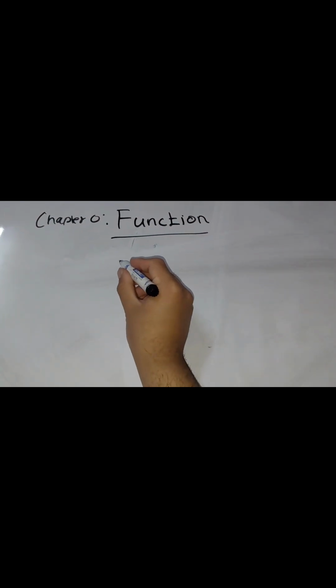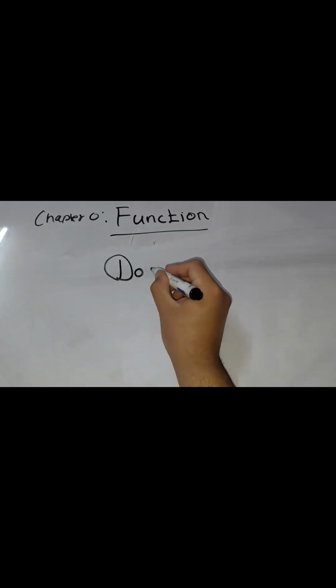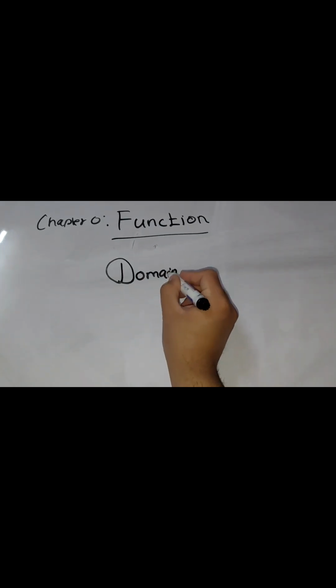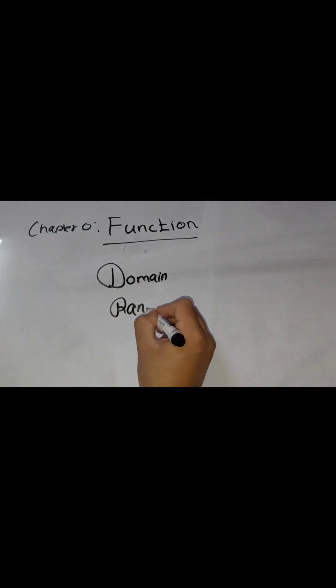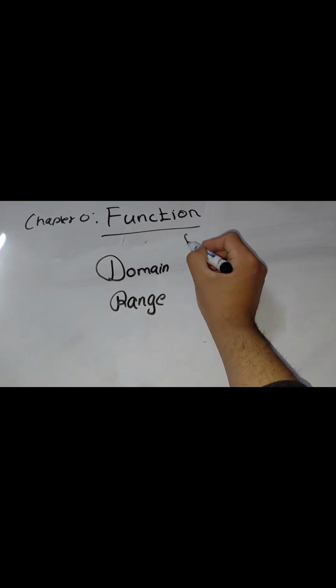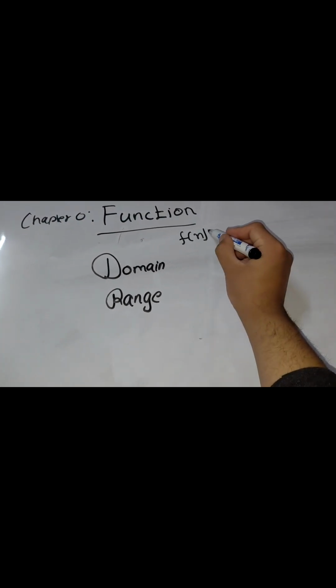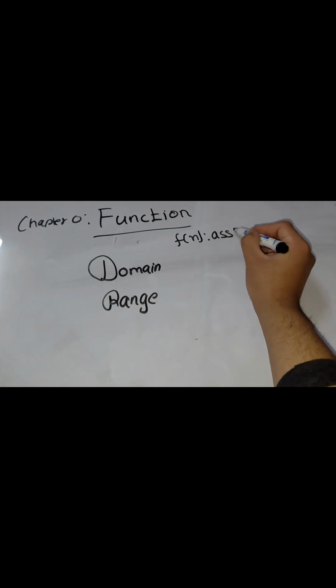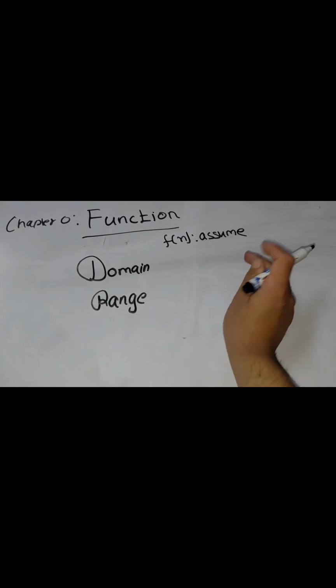Okay, now it's time for the basic mathematical definition. So let's define what domain is and what range is. Range भनेको के हो र domain भनेको के हो पहिला डिफाइन गर्नु पर्यो। तर त्यसको लागि मैले एउटा f of x भन्ने फंक्सन assume गर्छु.